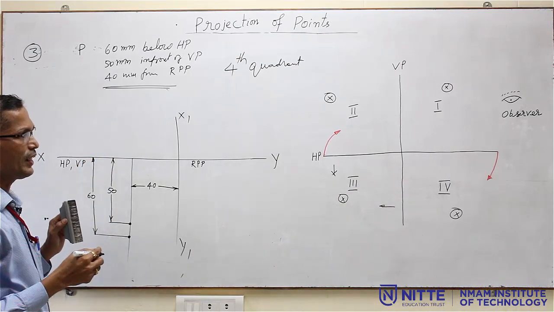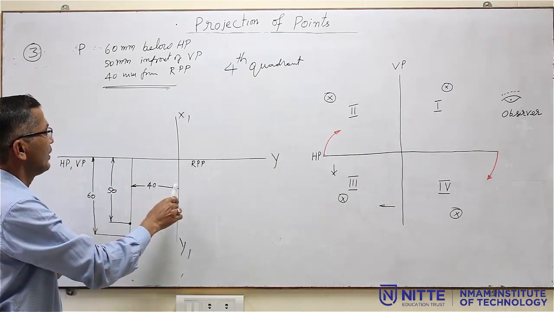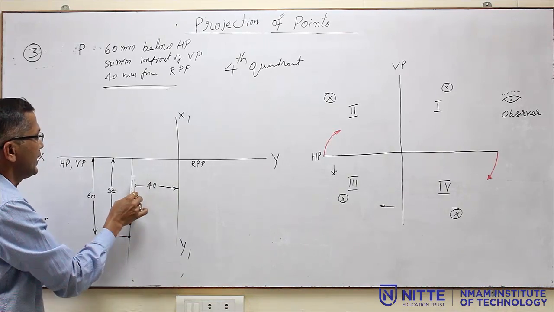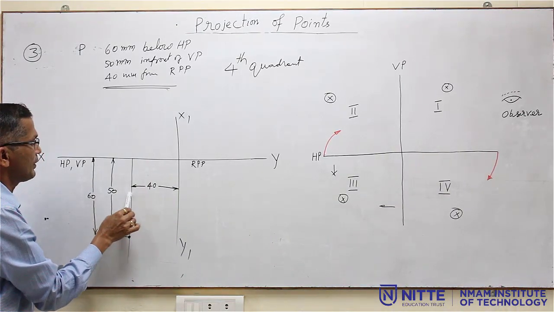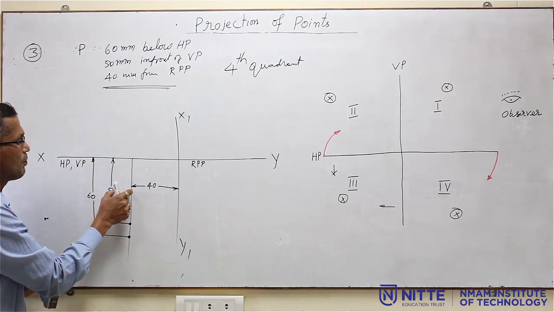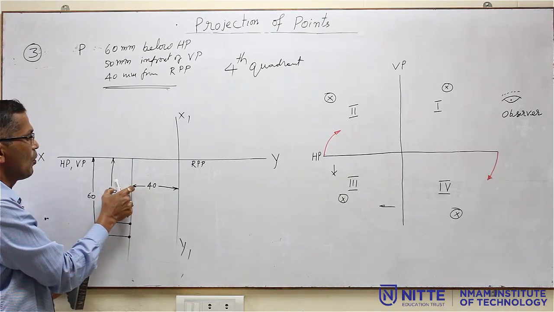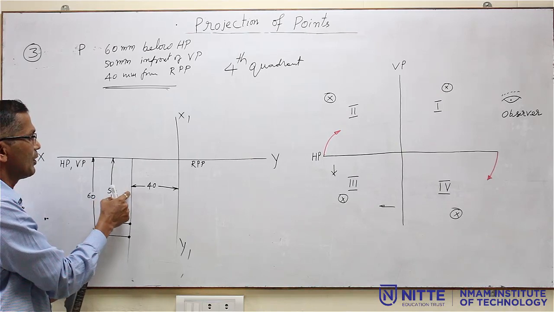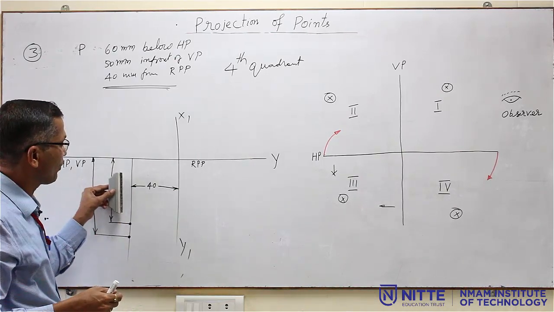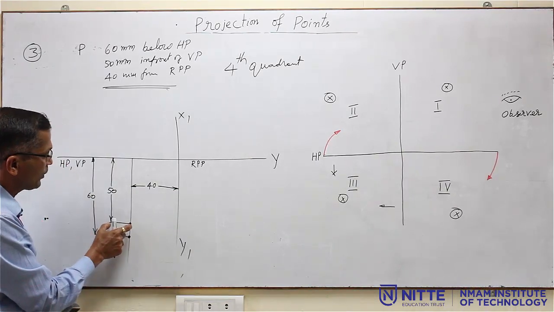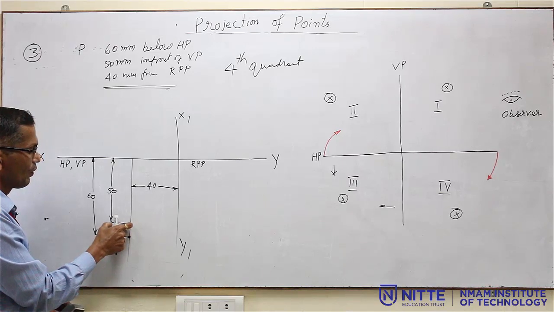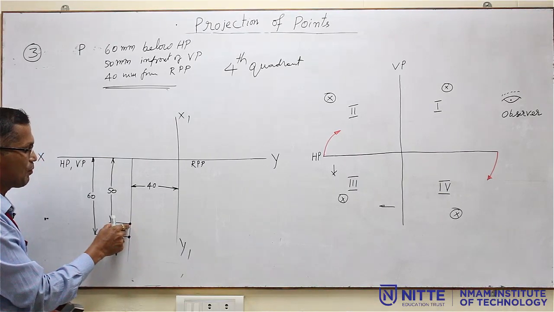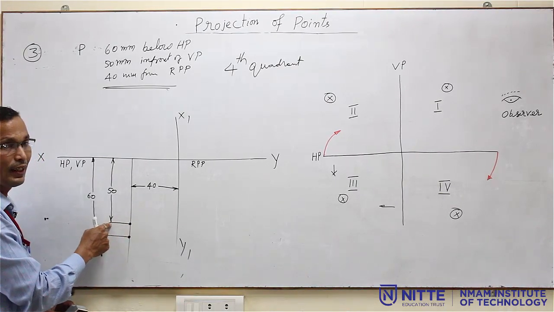Now, while dimensioning, you have to take care that the gap between this line and the dimension line should be more than 1 centimeter. Do not place the dimension line very close to the point. Always maintain this rule: a minimum of 10 mm gap from the object to the dimension line.